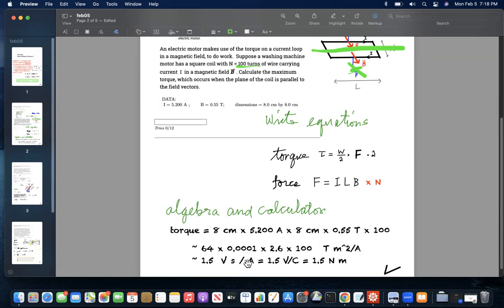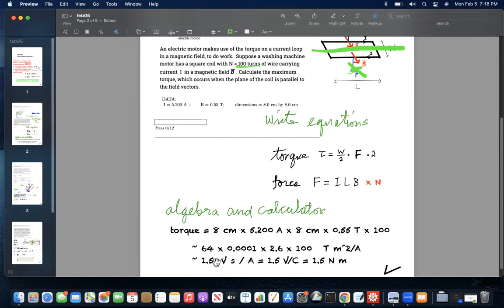I don't seem to have the right unit here for some reason. Well, the seconds doesn't make sense to me, but here's the volt.